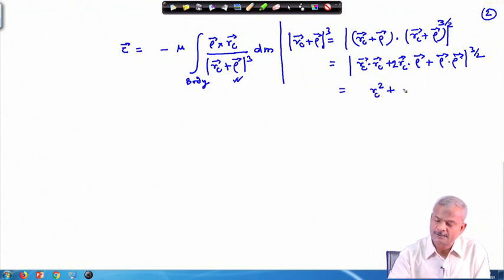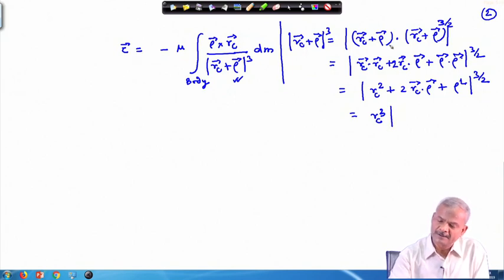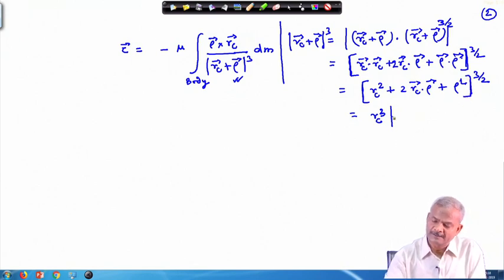This is R c square plus 2 R c dot rho plus rho square, and if we take R c outside, this becomes R c cube, once we have taken this dot product and written it in this way. So, this mod sign, this magnitude sign, we can remove and we can put a bracket here. So, R c cube times 1 plus 2 R c dot rho divided by R c square plus rho square over R c square.